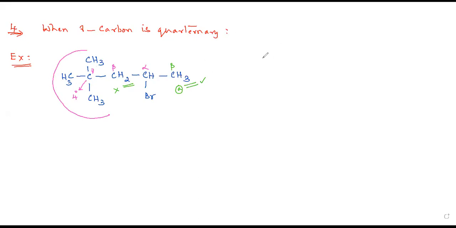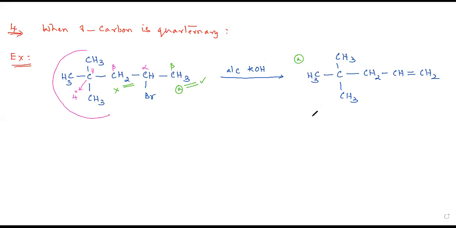Simple. With alcoholic KOH, a stronger base, possibility A gives us this product. Yes, this is Hofmann product. Of course, major.